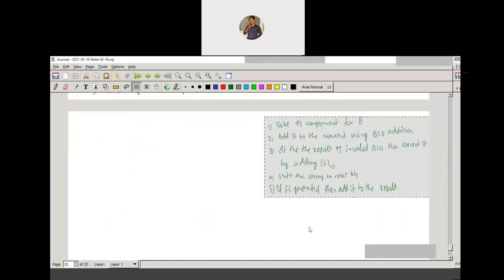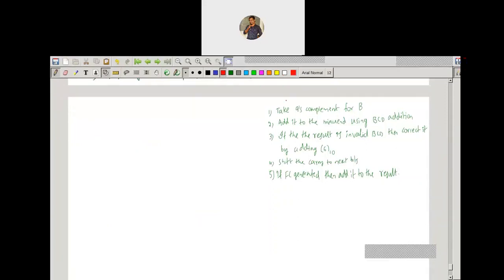Okay, so there are the steps. I've just placed them on the right side to avoid moving to the top and bottom. First, we'll do the questions here. Perform the following decimal subtraction in BCD by the nines complement method.